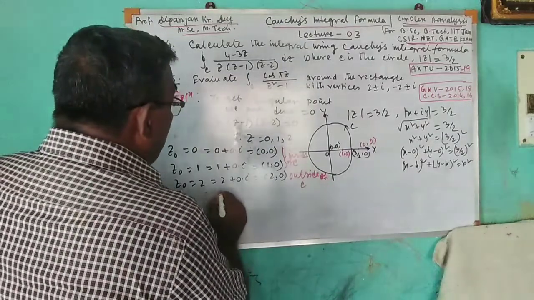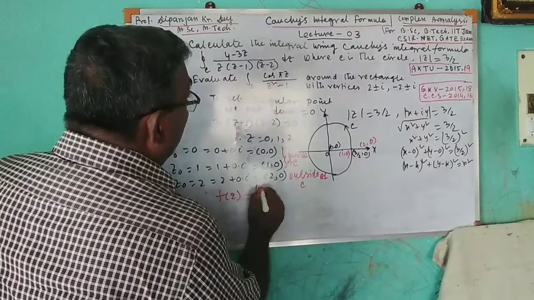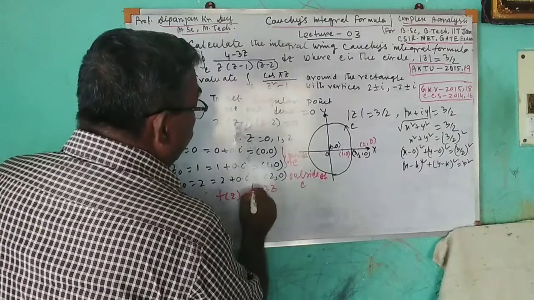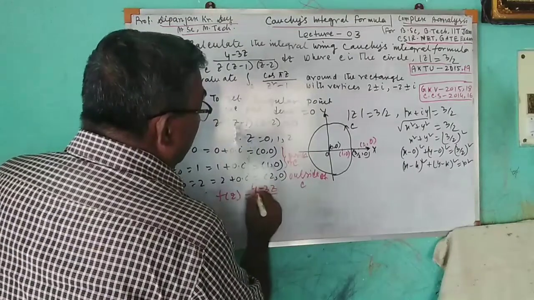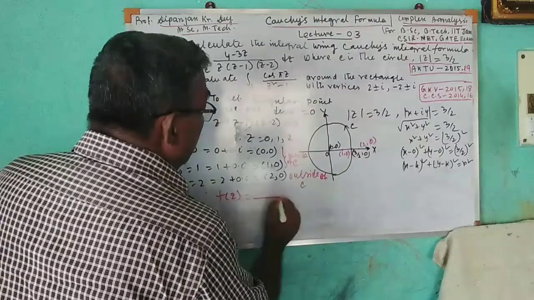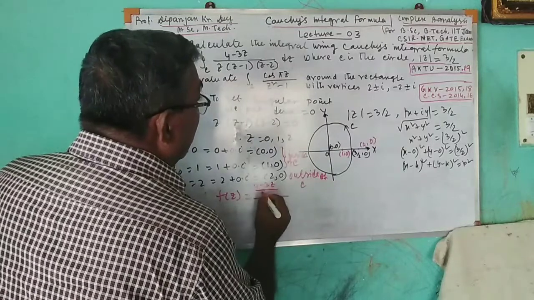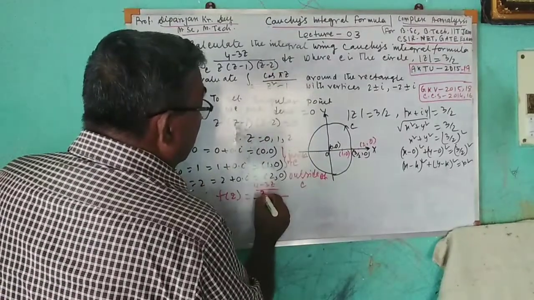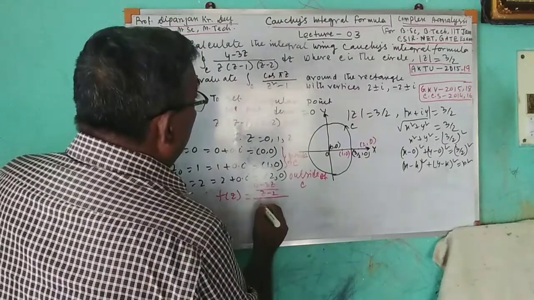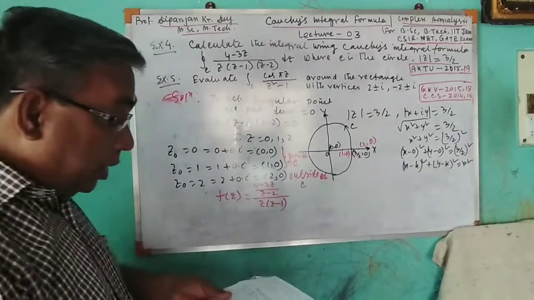Follow me. f(z) will be (4 minus 3z) by (z minus 2), divided by z into (z minus 1), we can write.